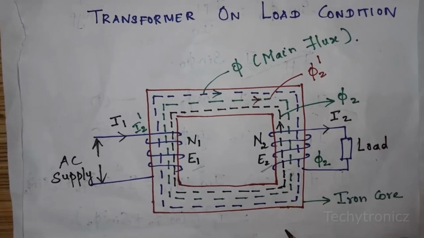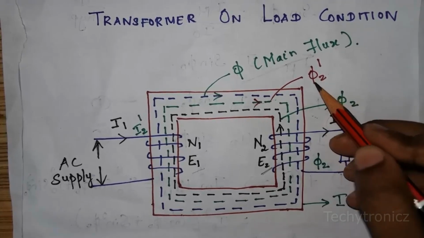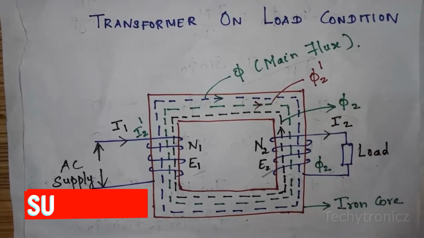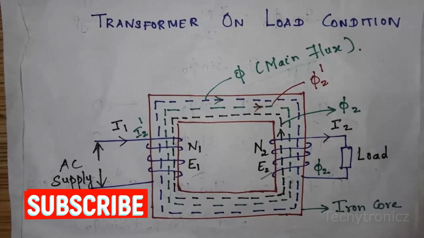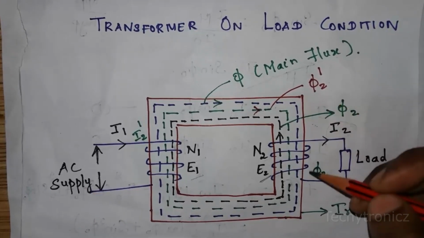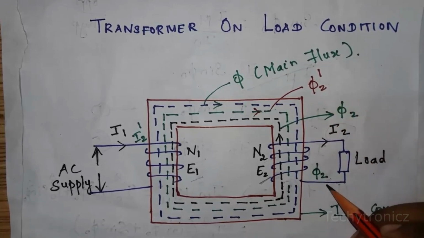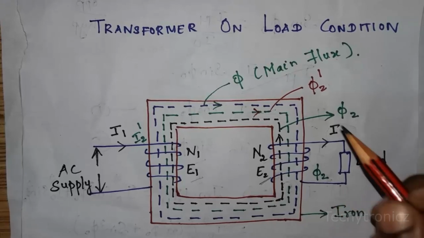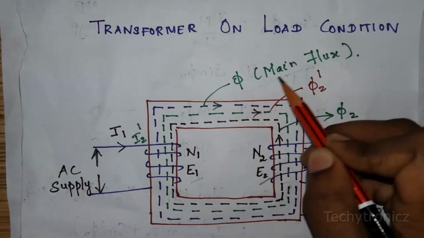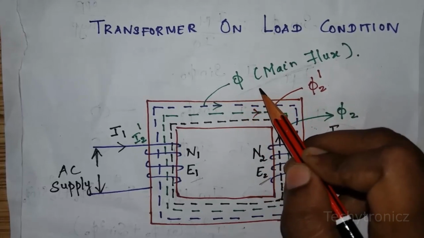That is, if the values of phi 2 dash and phi 2 are both phi, then phi minus phi will be 0. So both the fluxes cancel each other. Which flux will remain constant? The main flux phi will remain constant.